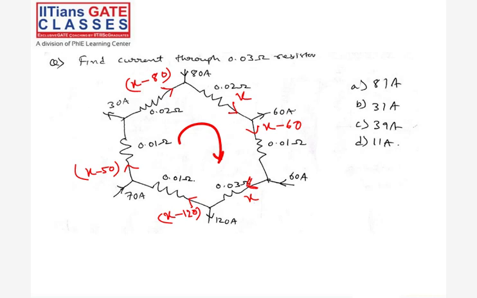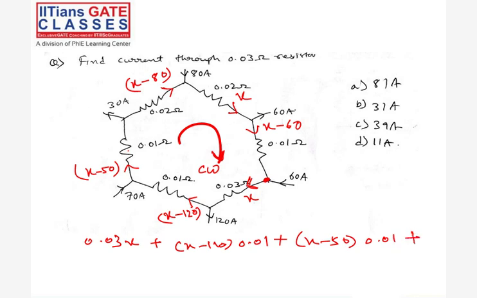Starting from here, current into resistance: X into 0.03, so 0.03X, plus X minus 120 into 0.01, plus the drop here, X minus 50 into 0.01, plus here X minus 80 into 0.02, plus 0.02 into X, 0.02X, plus 0.01 into X minus 60, is equal to 0.